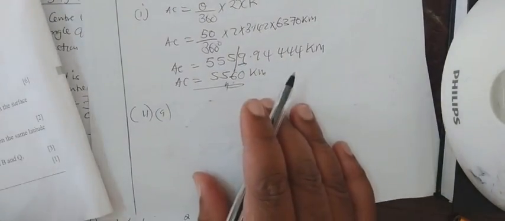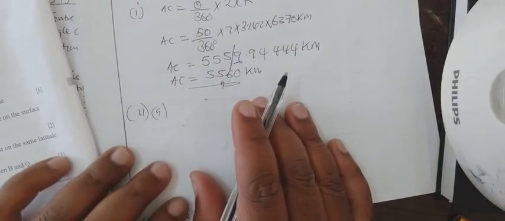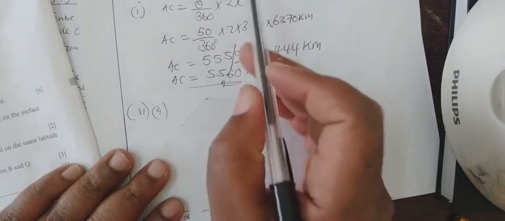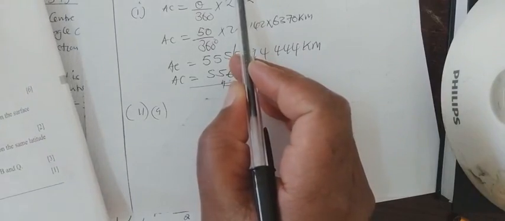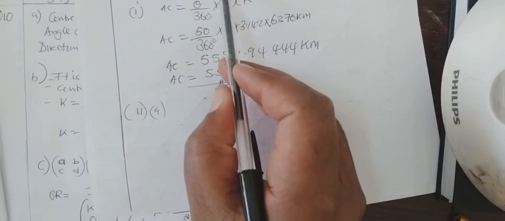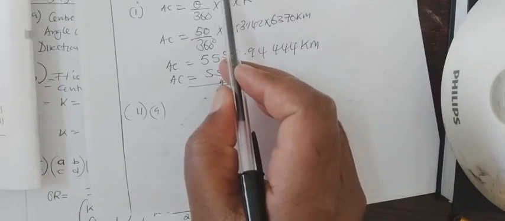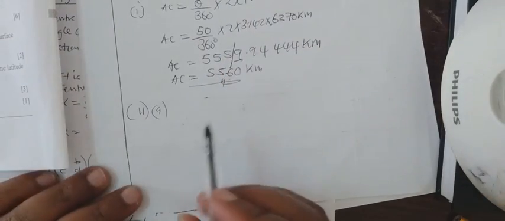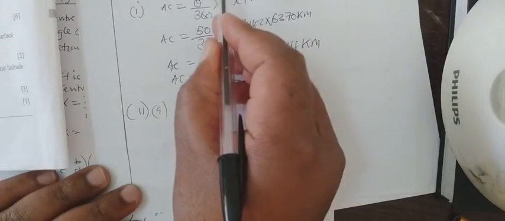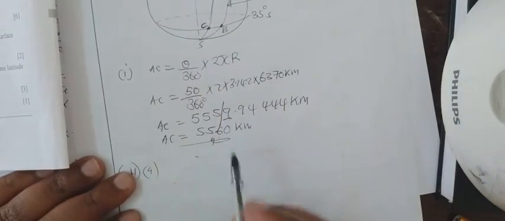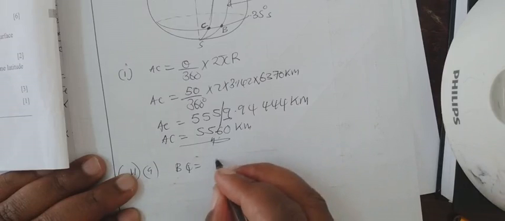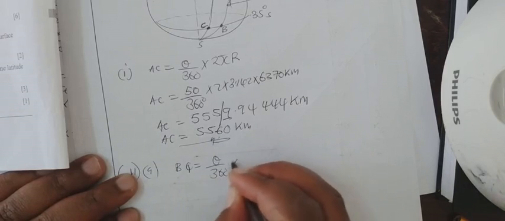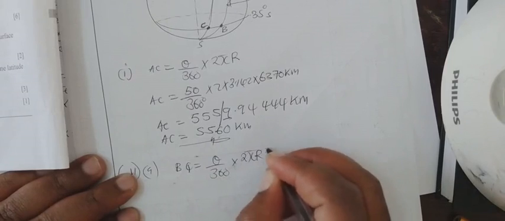So, what are they saying? This plane flies from point B to a certain point Q, and the distance covered is 900. What's the difference in longitudes? If we are looking at the distance on a circle of latitude, what's the formula? BQ is equal to theta over 360 times 2 pi r cos x.